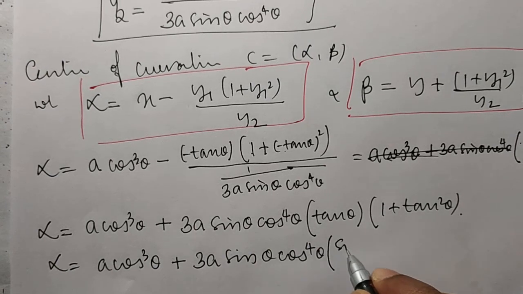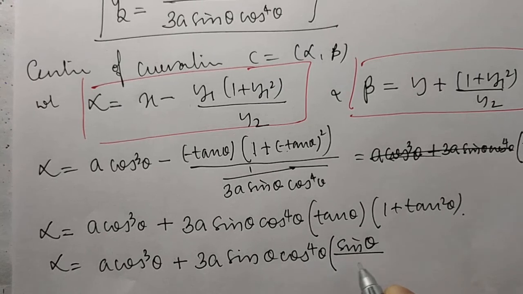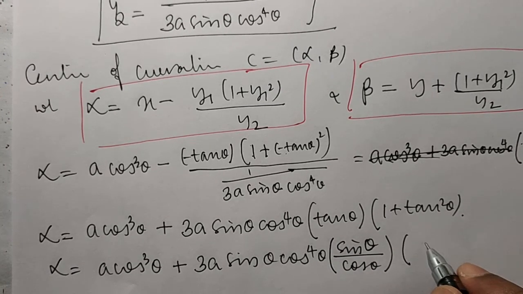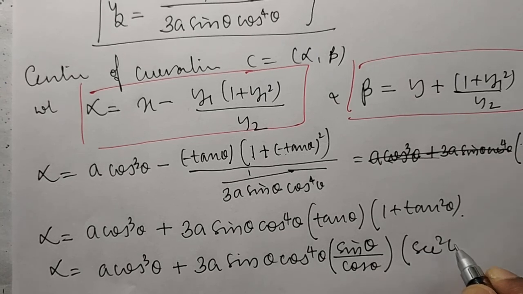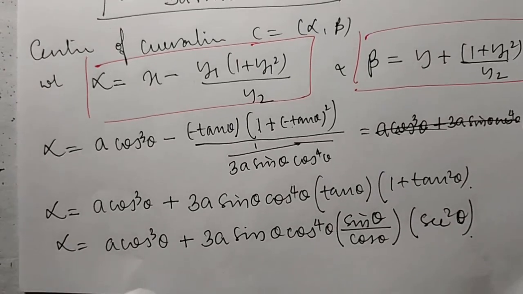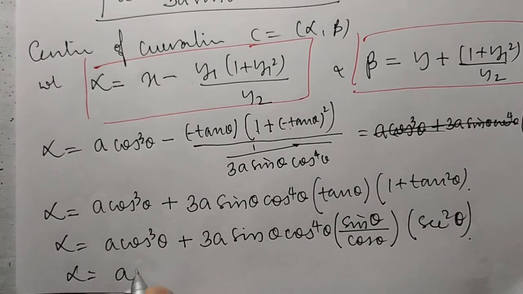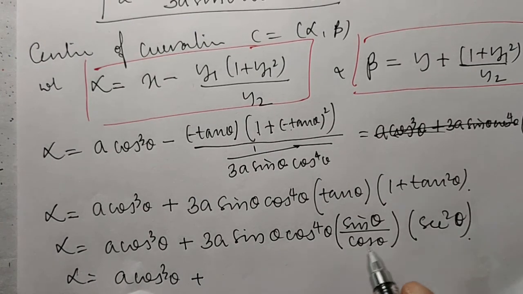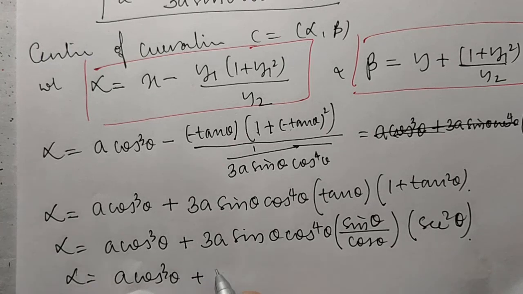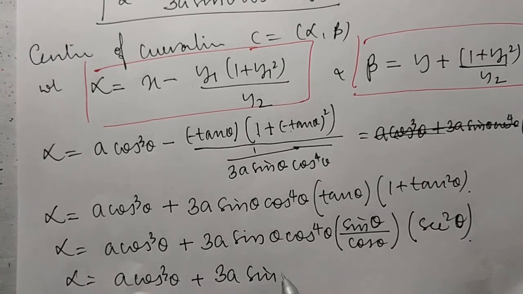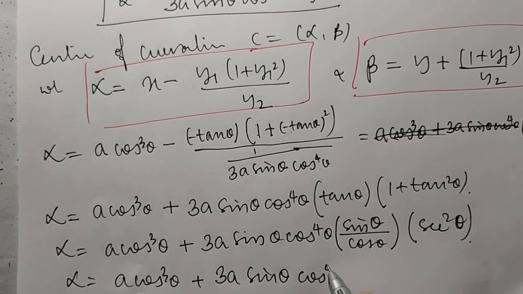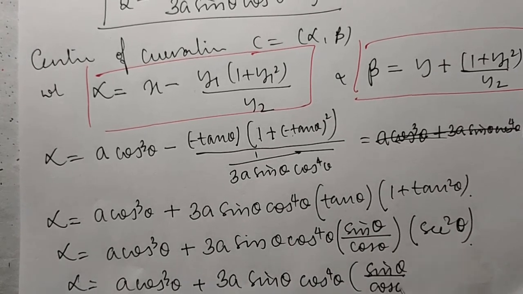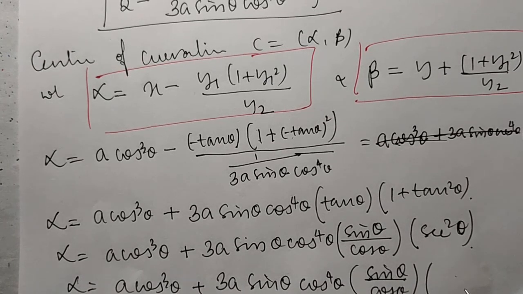Tan theta is nothing but sin theta divided by cos theta, into 1 plus tan square, that is sec square theta. Therefore, alpha is equal to a into cos cube theta plus 3a into sin theta into cos raised to 4 theta into sin theta by cos theta into sec square theta.